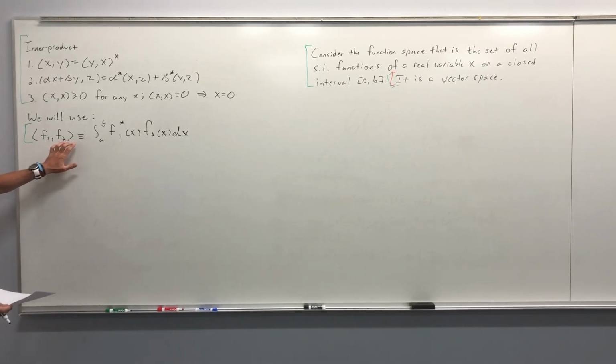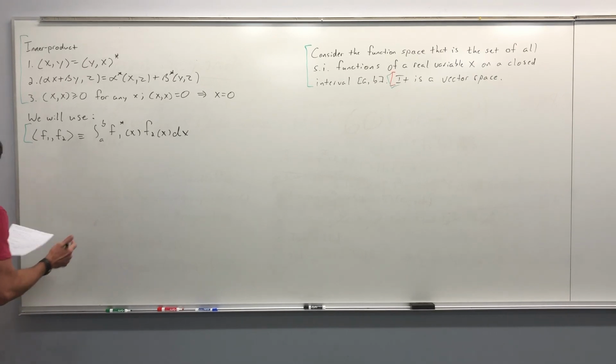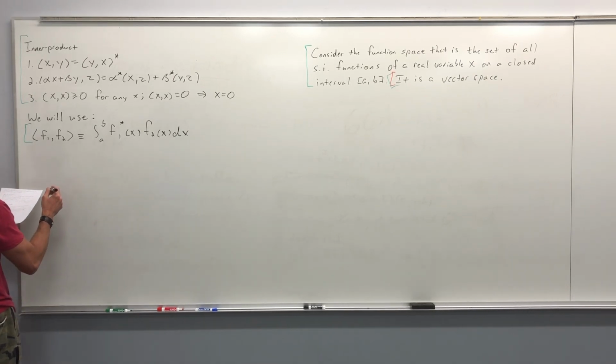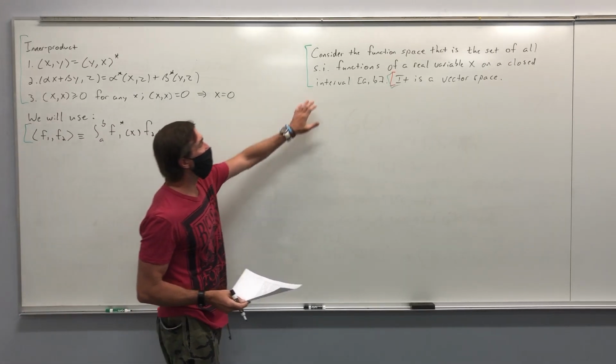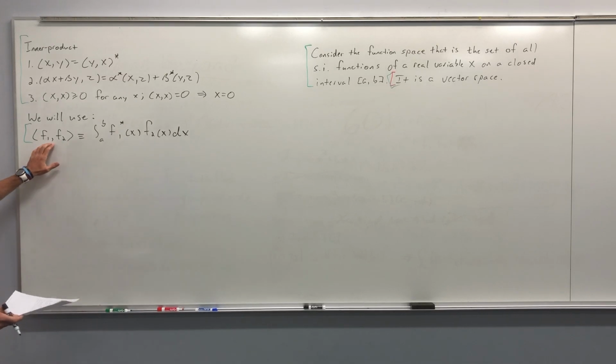Now, we will generalize this a little bit. I'll talk about that in a bit. But first of all, realize that the definition of square integrable is already using the inner product of a function with itself.